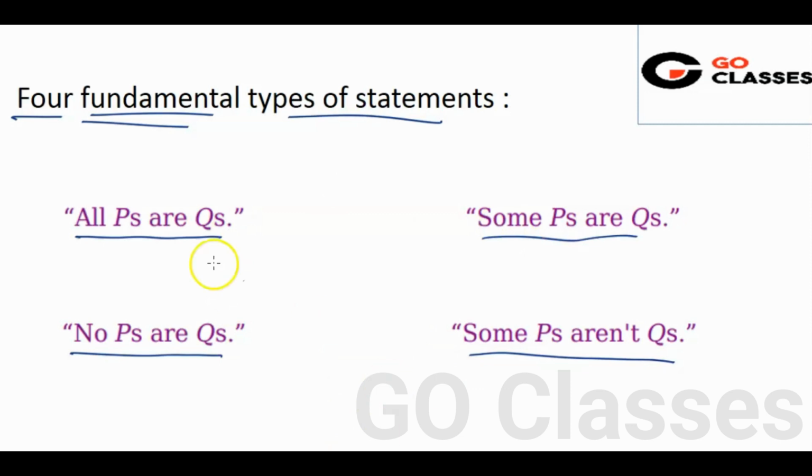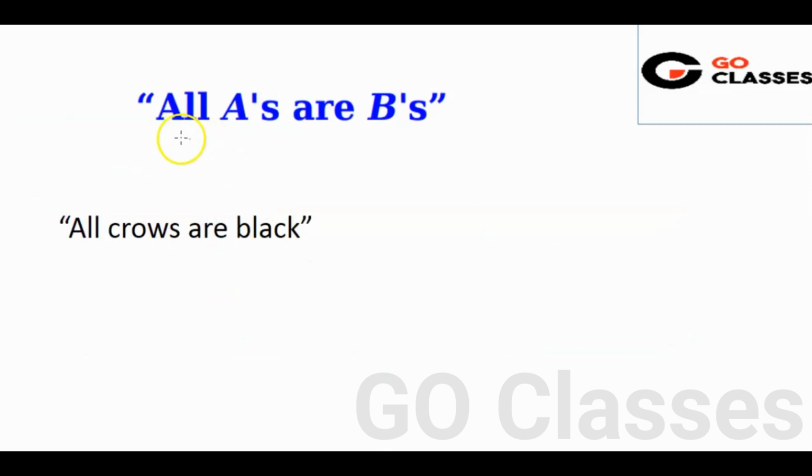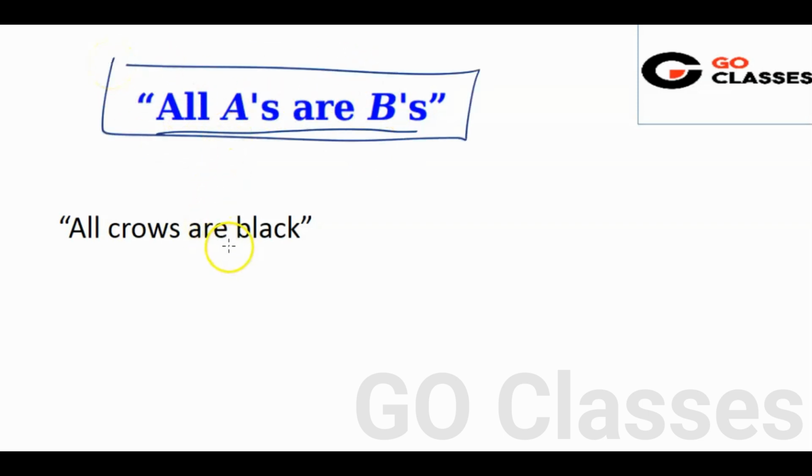Let's start with the first type. Whenever you see this type of statement, all A's are B's, how can we convert it into a first order logic expression? One example is all crows are black. Another example is all natural numbers are integers.